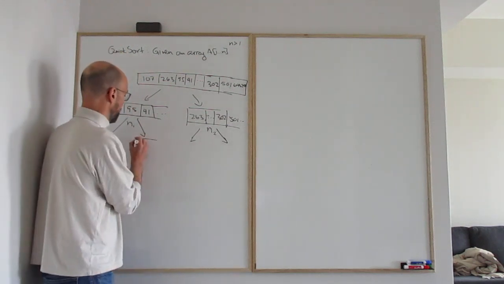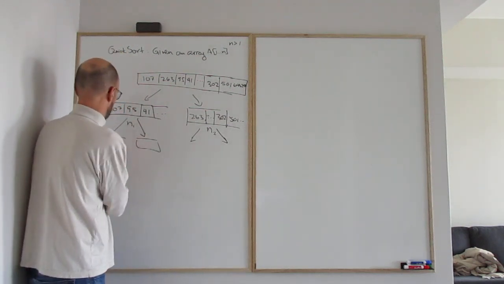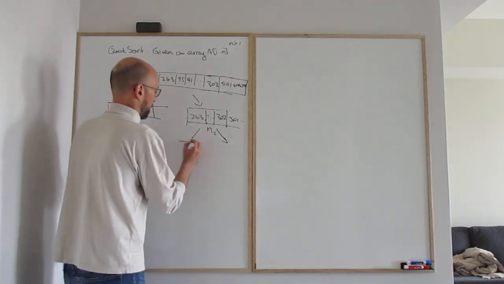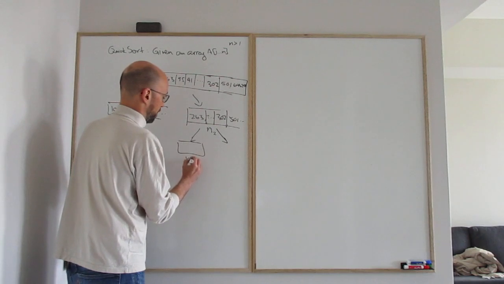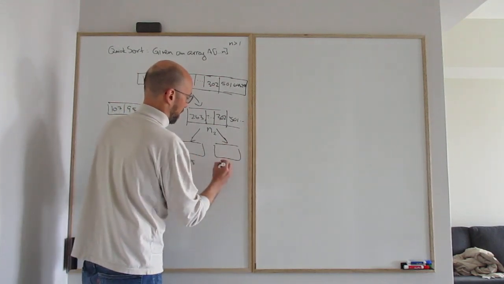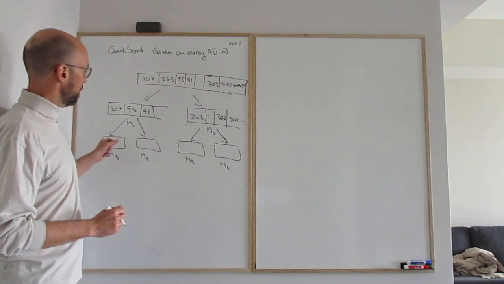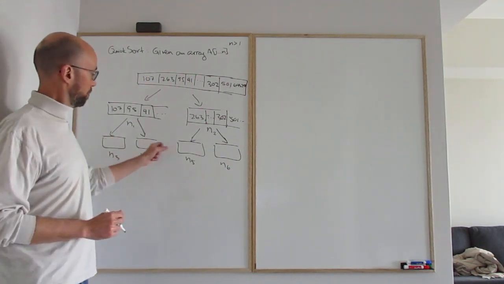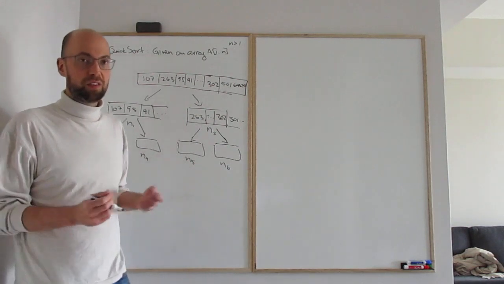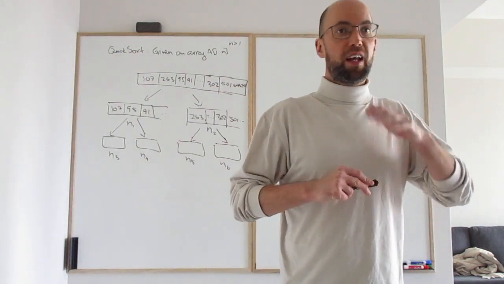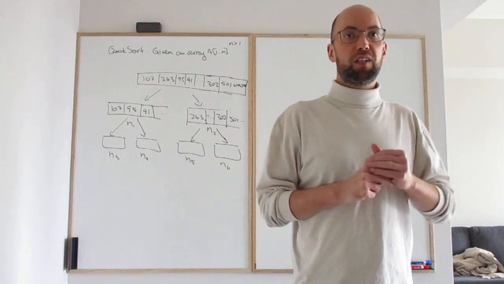So down here, whatever these sizes are, n3, n4, n5, n6, the sum of n3 plus n4 plus n5 plus n6 is still n. So at every level of the tree, you're doing linear work.